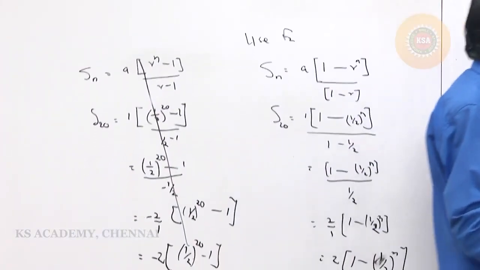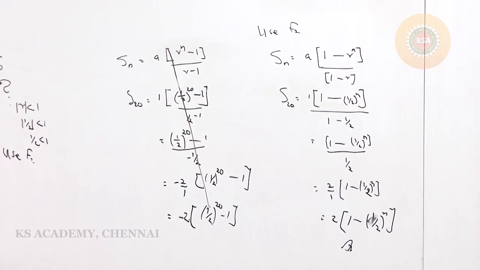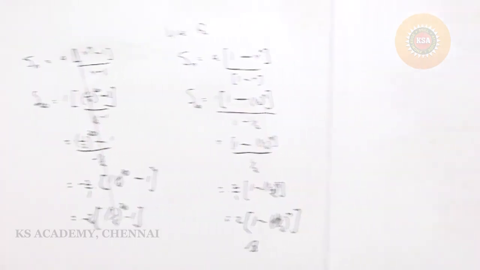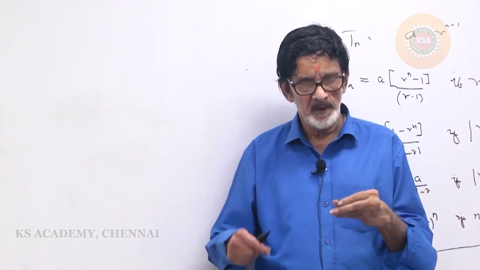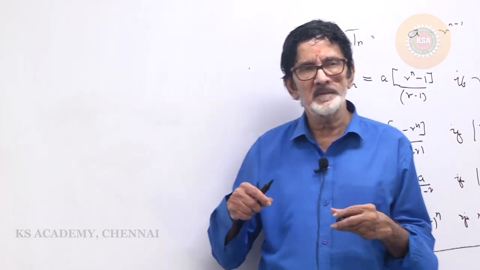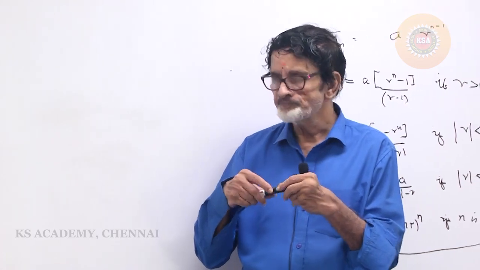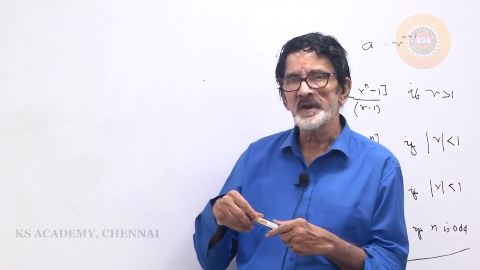I applied the formula wrongly. I mentioned the R value below 1, mod R less than 1. We have to use formula 2. I said it correctly but did it wrongly. So, set this second formula.